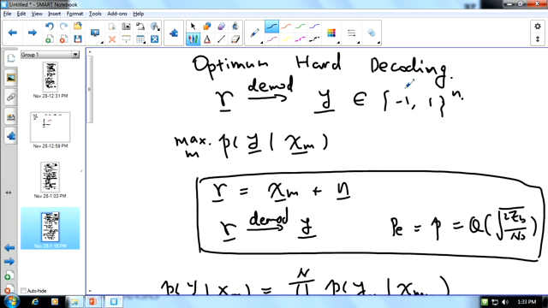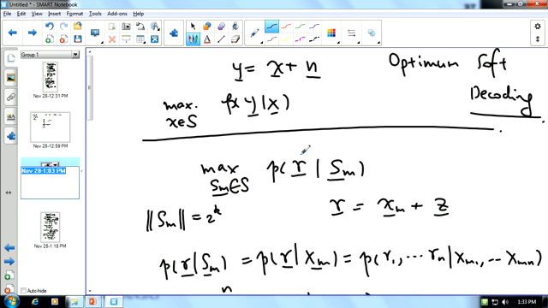So by throwing away useful information, our performance has to suffer. Okay? So that's why the hard decoding is worse than soft decoding. And for soft decoding, we are just simply using maximum likelihood. So we can prove that you can minimize the error probability, as we discussed in chapter 3. Okay? So soft decoding has the best performance. And if you throw away some additional information, you get hard decoding, which is still pretty good, but the performance is not as good as soft decoding. Okay?